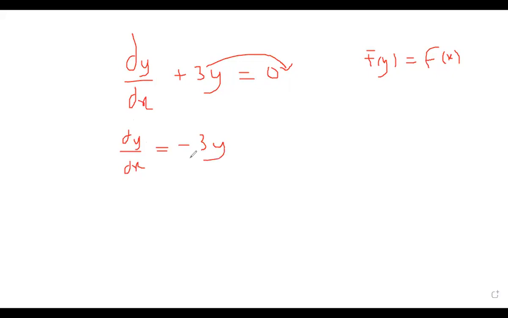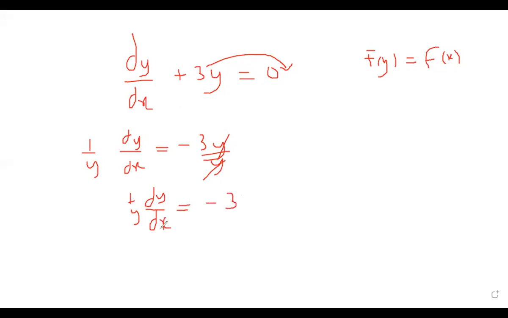Then what's next? We want y to go away to the left, so we divide both sides by y. This y cancels out this y, and we have 1 over y dy over dx, which is equal to minus 3.